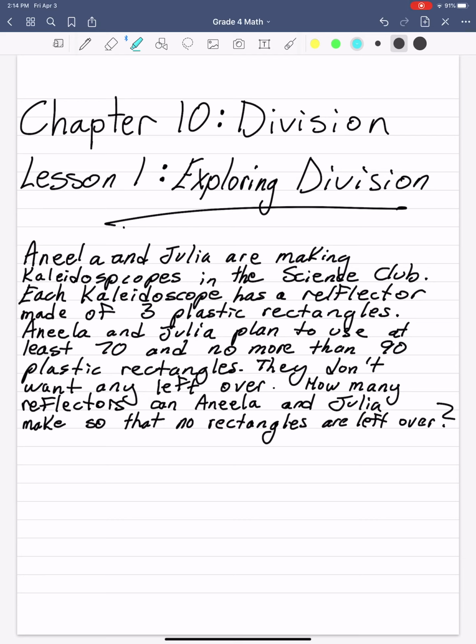So, first thing that I notice is that there are a few numbers here. Each kaleidoscope has a reflector made of 3 plastic rectangles. And Anila and Julia plan to use at least 70 and no more than 90 plastic rectangles.